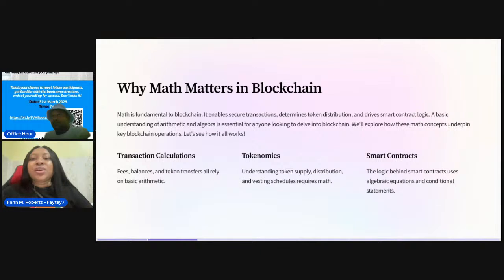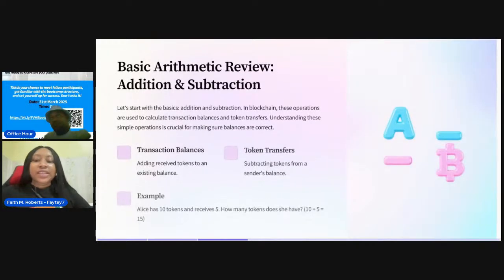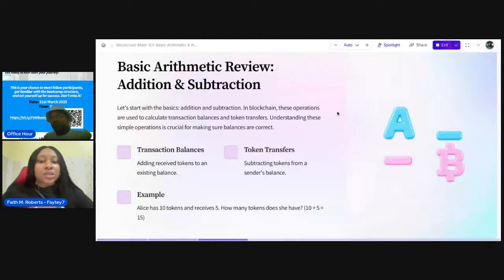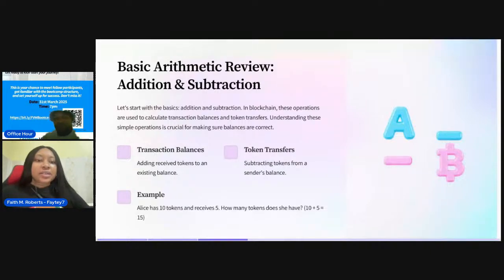So having this understanding of the basic mathematics that powers the blockchain will help you become much more effective while building and learning blockchain development. So reviewing some basic arithmetic, we have addition and subtraction.